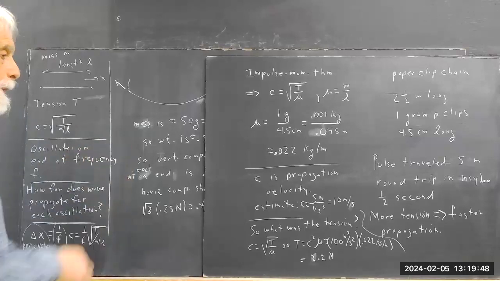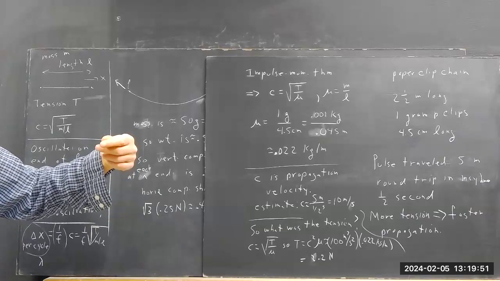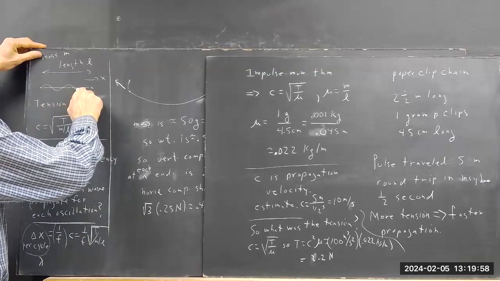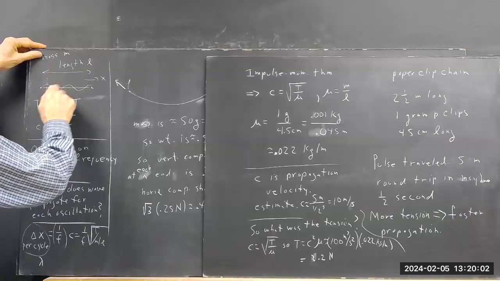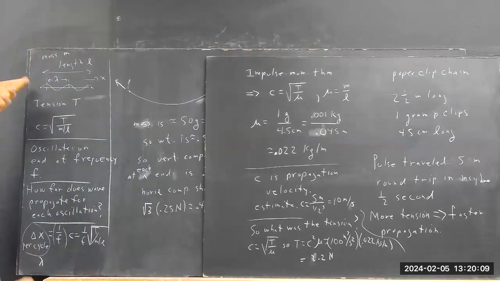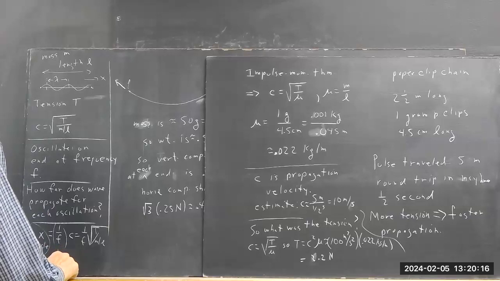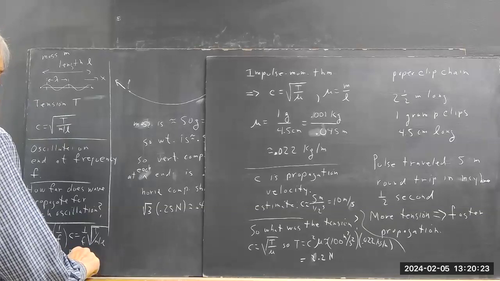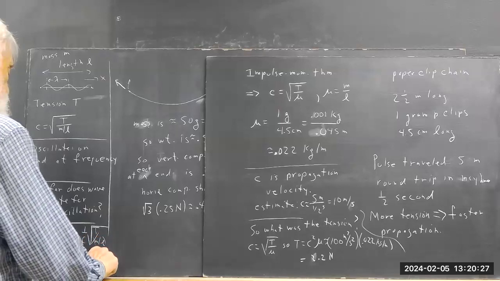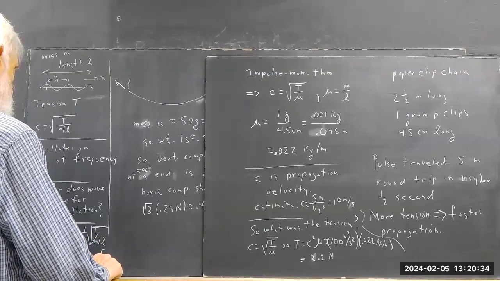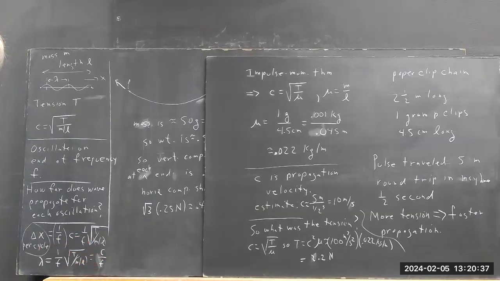Because what's happening, if you have a harmonic oscillation, a simple harmonic oscillator at the end, what you end up with is a wave propagating so that the peak to peak distance is lambda, or your speed of propagation divided by your frequency.